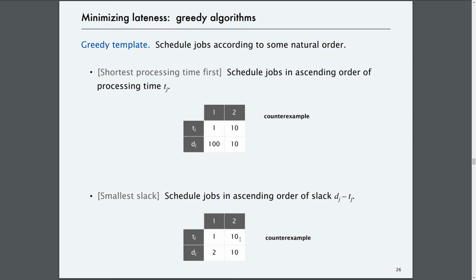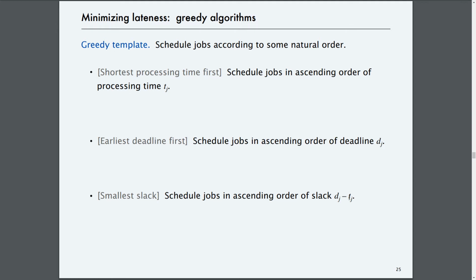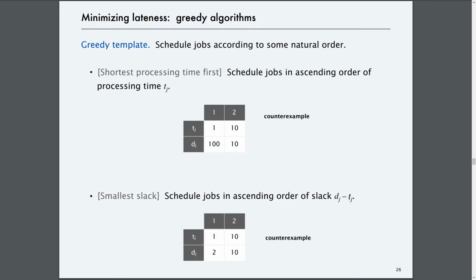I think it's the other way around, looking at the equations. dj minus tj. What do you mean? You subtract the t from the d, yeah? Yeah, 2 minus 1. 1 minus 2. No, it's due time minus time it takes to run. Looking at the smallest slack scheduled jobs in ascending order of slack, we have d minus t.